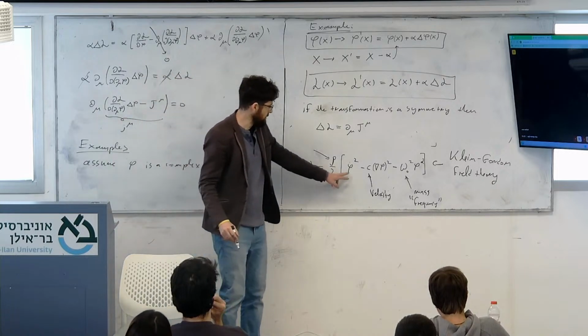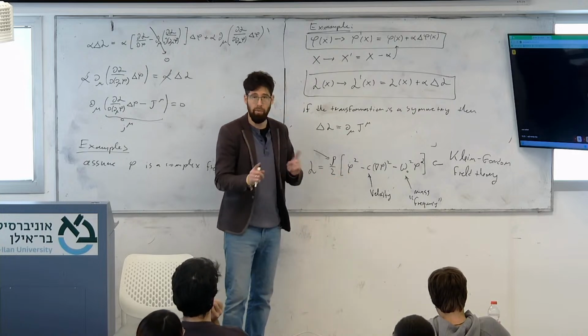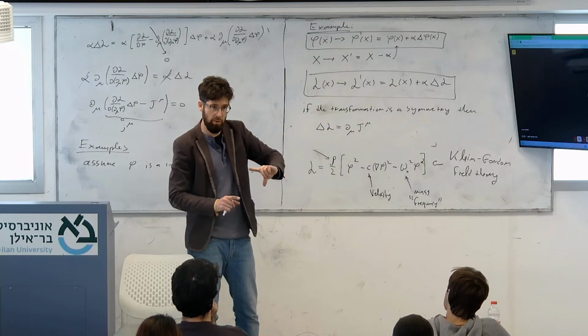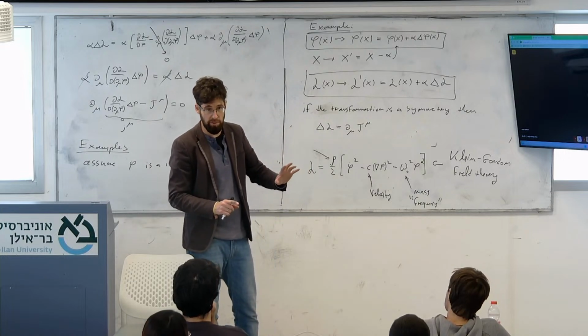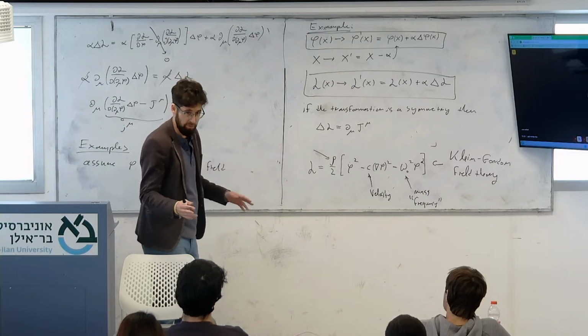Or, in other words, imagine that you would have this theory just with phi 1 and phi 2. Then you would have something like a continuous rotation between them if they're symmetric, but you can also write them as a complex field, like phi 1 plus i phi 2.